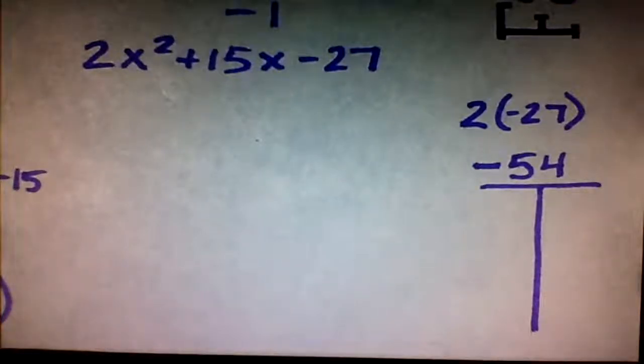You said negative 18 and 3. Negative 54, just 18 times 3. Positive 18 and negative 3.